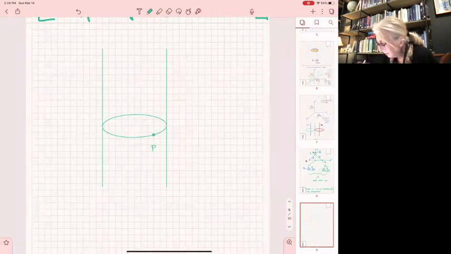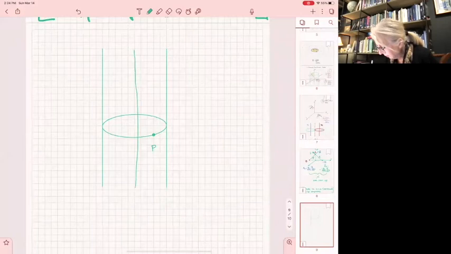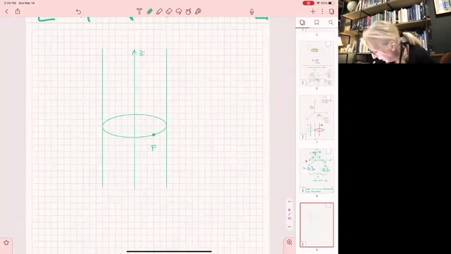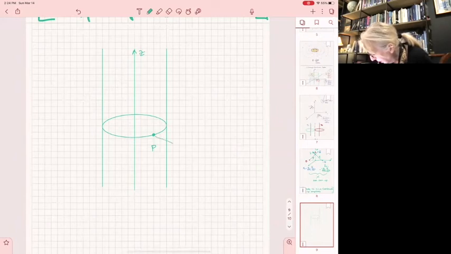And then I have a Z direction. Okay, Z. So here I have E rho, E phi. They're perpendicular, all right? And E_Z.